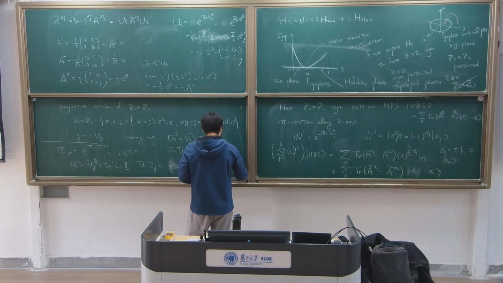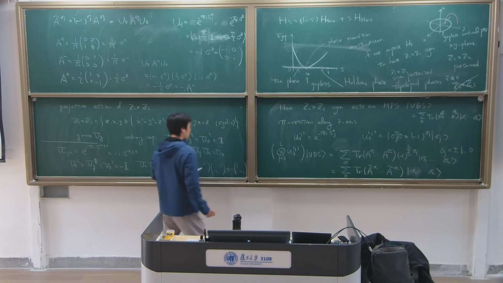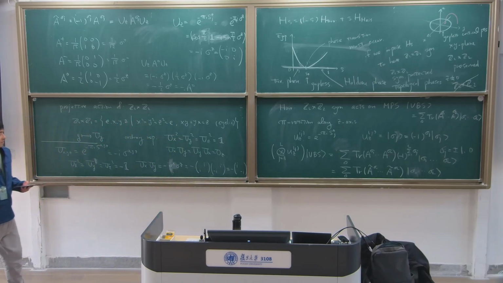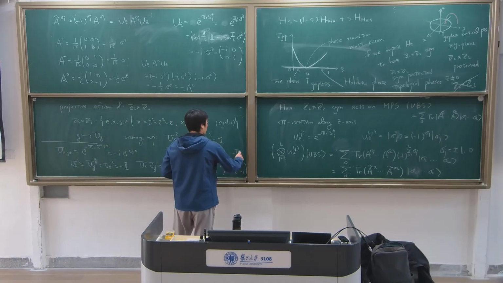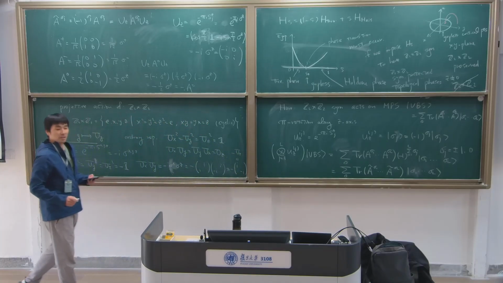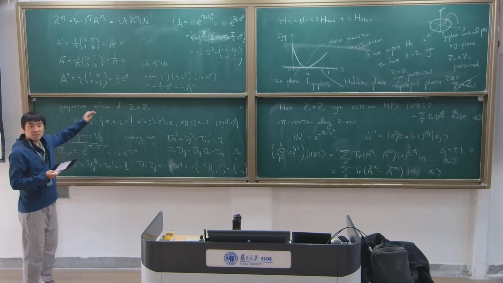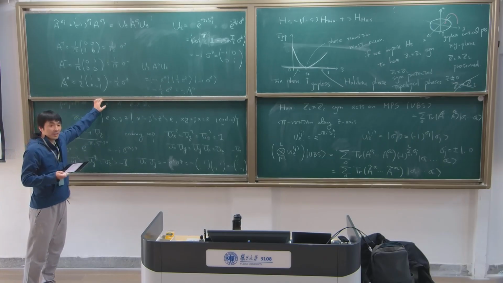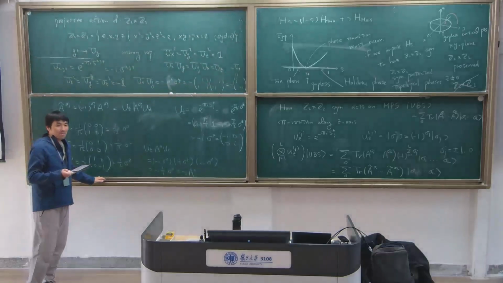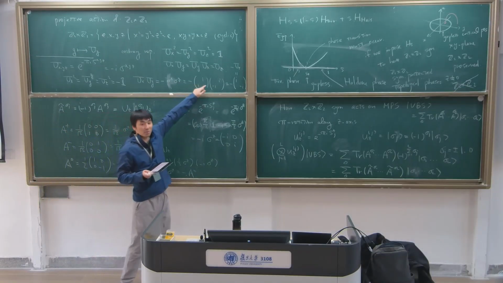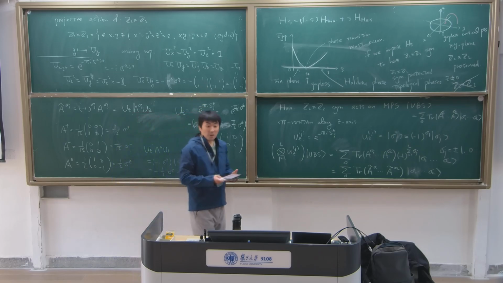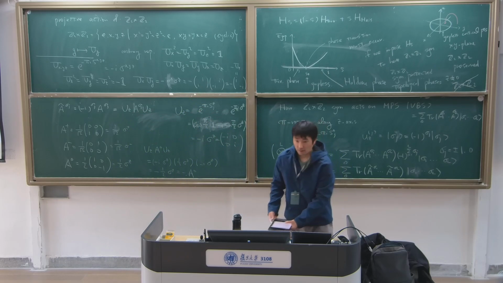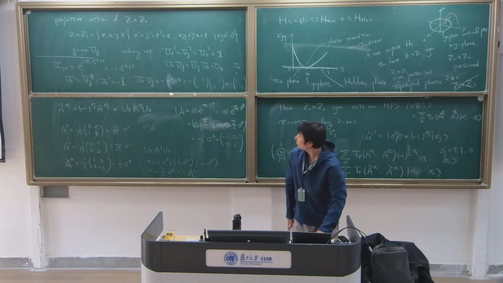Yeah, this is i, minus i. If this is correct, this is equal to minus Uz. Is it okay? Can you check with Wikipedia whether it is correct with the Pauli matrix notation?